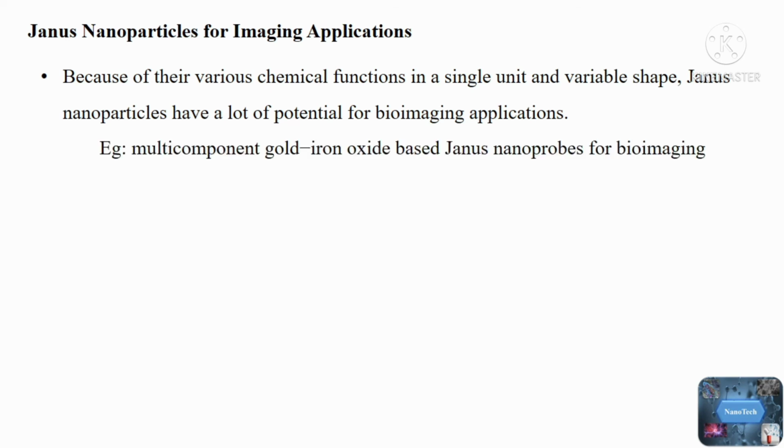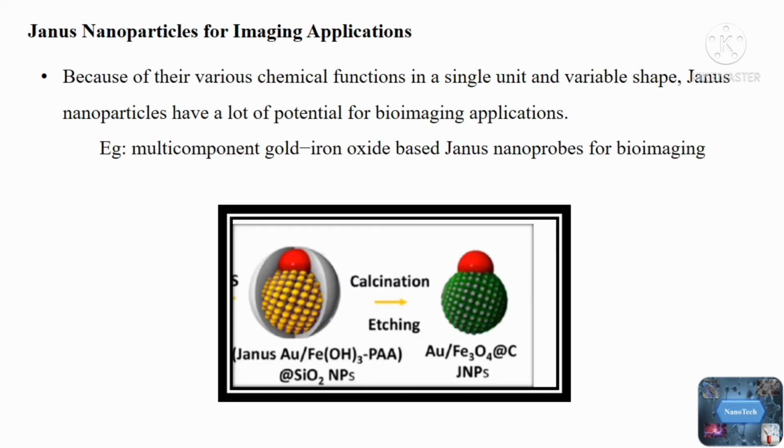Dumbbell-shaped inorganic Janus nanoparticles have also received a lot of attention as multifunctional probes for diagnostic and therapeutic applications. A synergistic effect was observed when Au and Fe3O4 were present in the same particle. More importantly, when the nanoparticles were intravenously injected into a mice model, they demonstrated dual contrast capability.